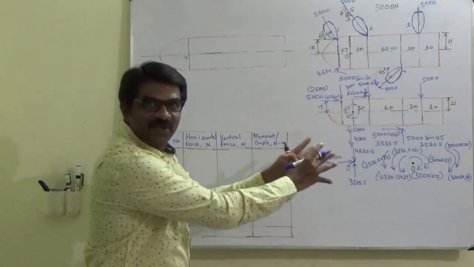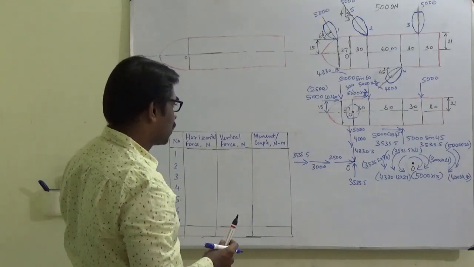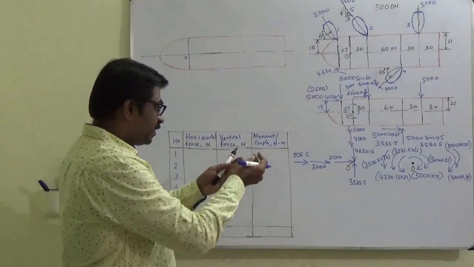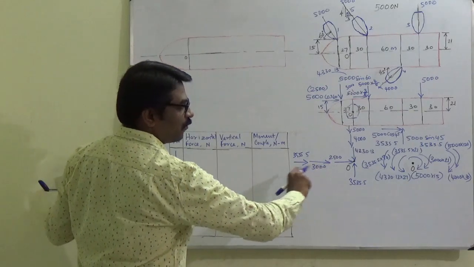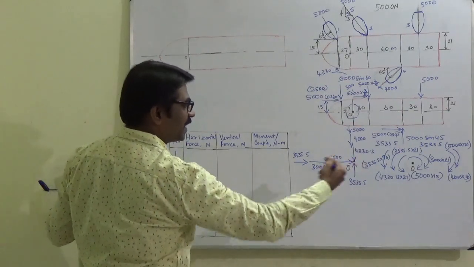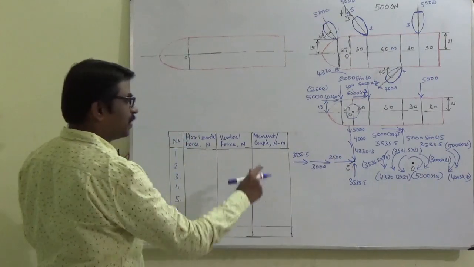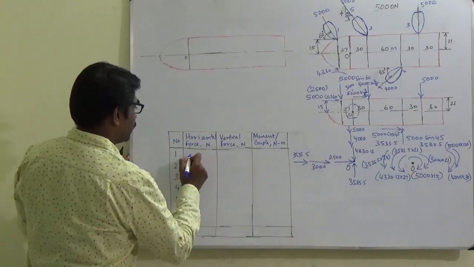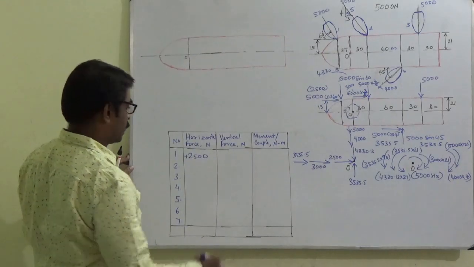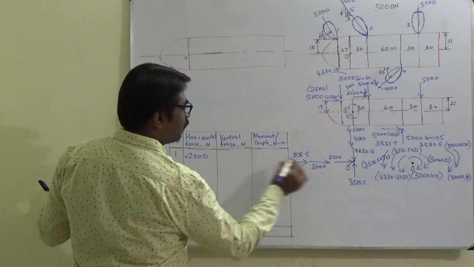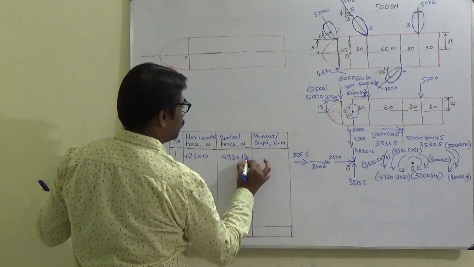Okay, so a lot of values are there. I am going to make it in a tabular column. Let me write each value. I am going to write all the horizontal forces. Towards right is positive, towards left is negative. Here no left side force is present, so I am going to place each force here. So 2500 plus, and then the vertical force 4330.13.